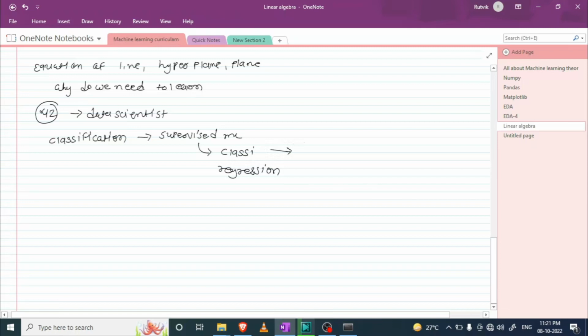Suppose here we have a two-class classification problem, right? One of them is positive and the second one is negative.